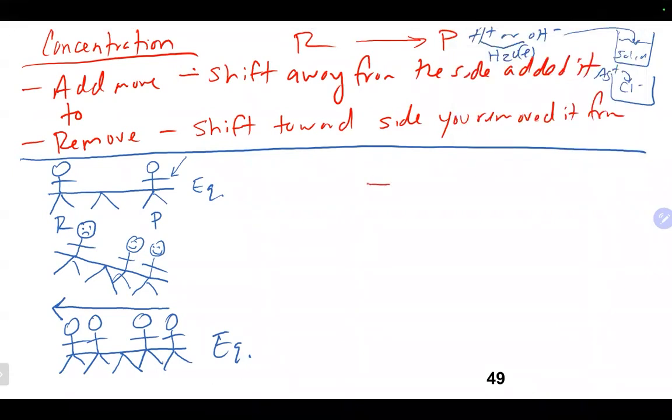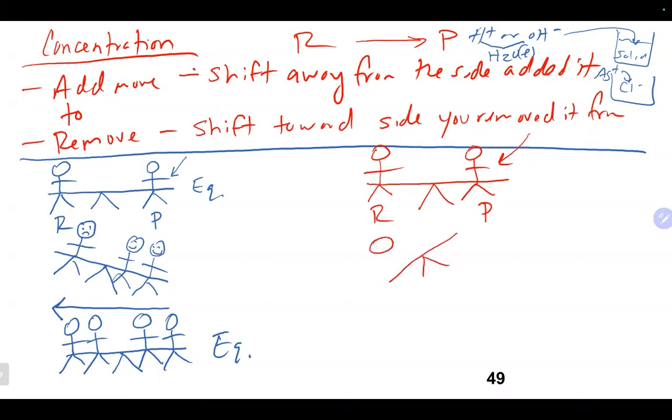So we'll start at our equilibrium position once again. Again, this guy's our reactant, this guy's our product. Now, instead of putting somebody on the product side, we're going to say this guy's just going to hop off. When he hops off, we get this deal, which is obviously not a good day on that side of the teeter-totter.